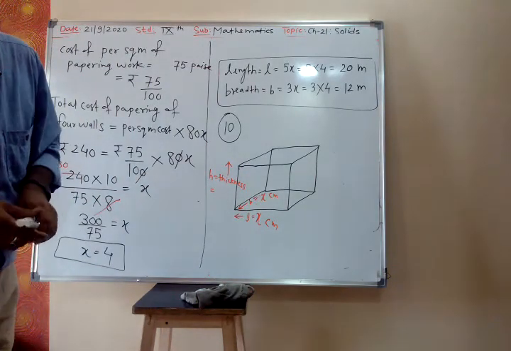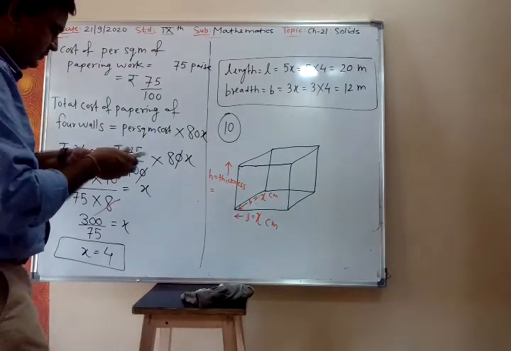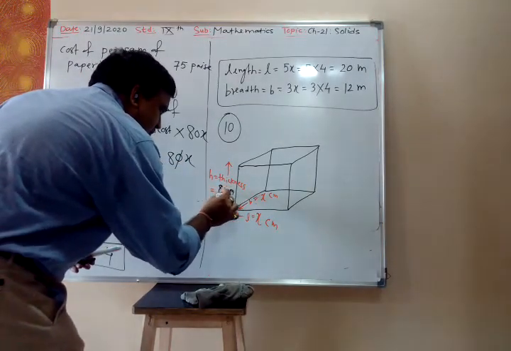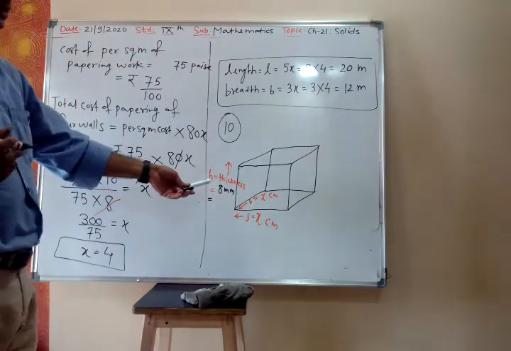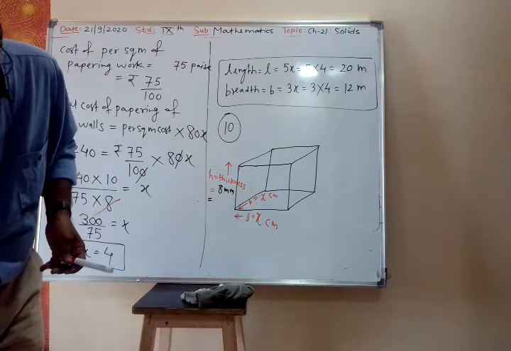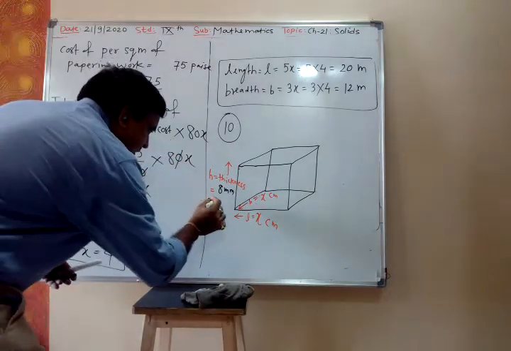Then thickness is given, 8 millimeter. Millimeter I have to convert into centimeter. All the units should be the same. So how do you convert millimeter into centimeter? Divide by 10.